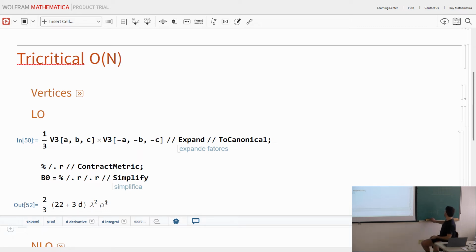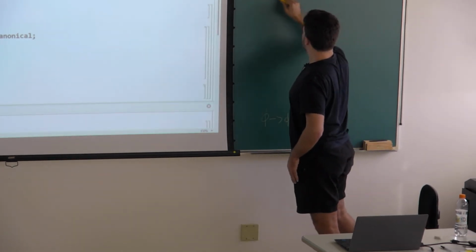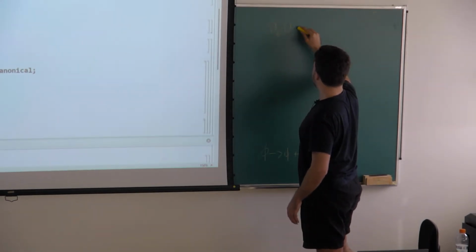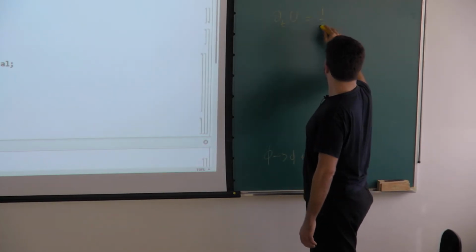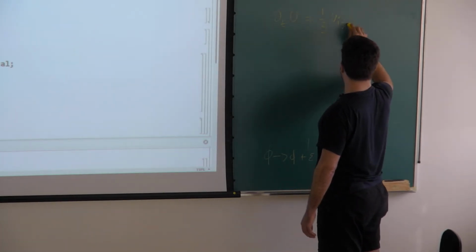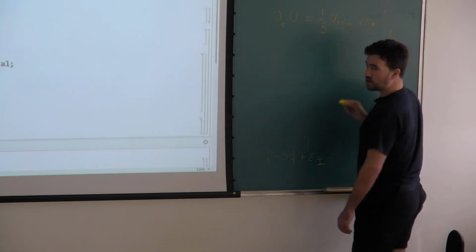So what we are doing here is, we have that the derivative with respect to the RG scale of u is equal to 1/3 Vijk, written in terms of the raw variables.